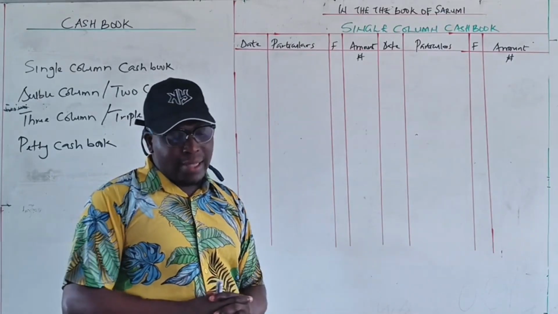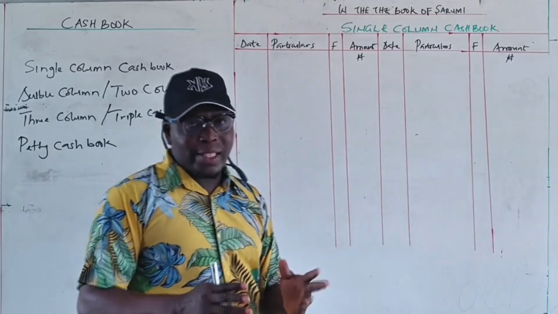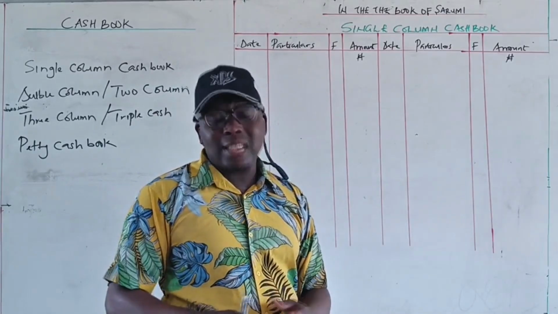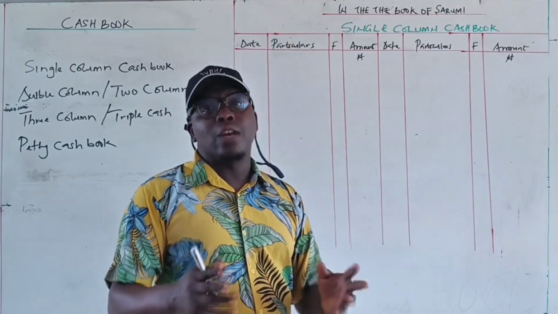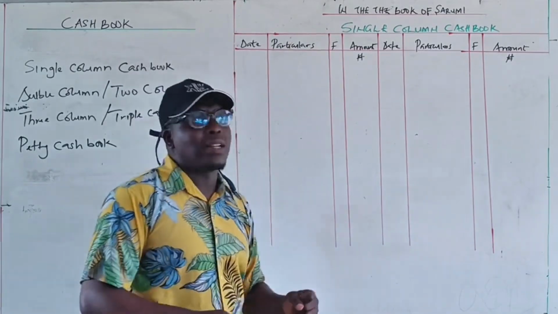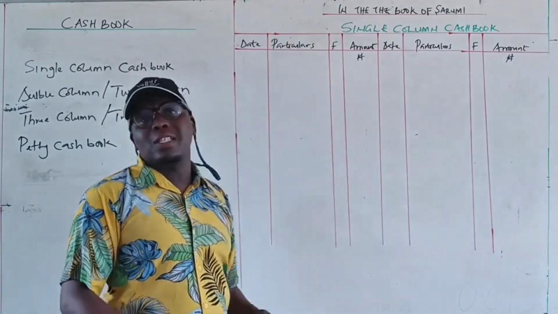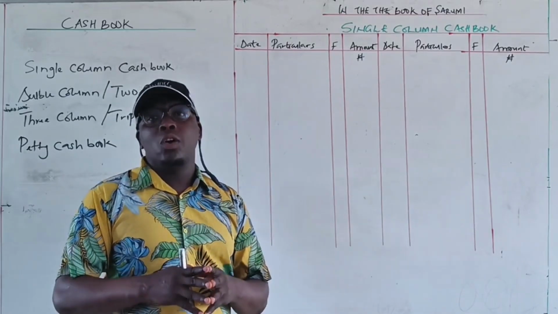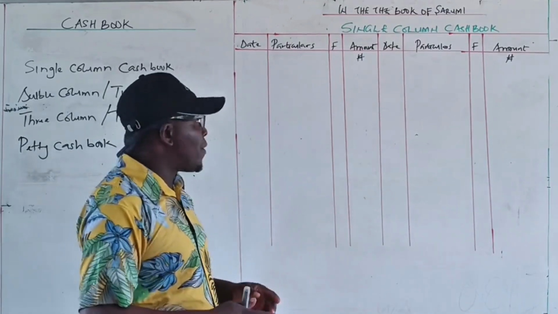Let's quickly look at this question. We are asked to enter the following transactions in the cash account of Sarumi. The single column cash book can represent either the cash account or the bank account of the business.